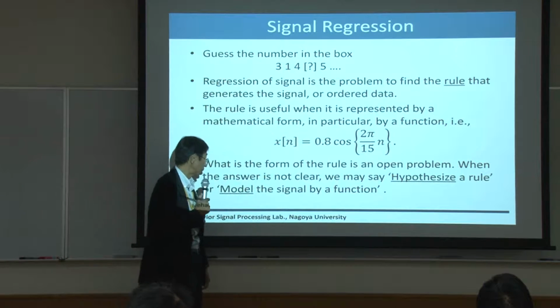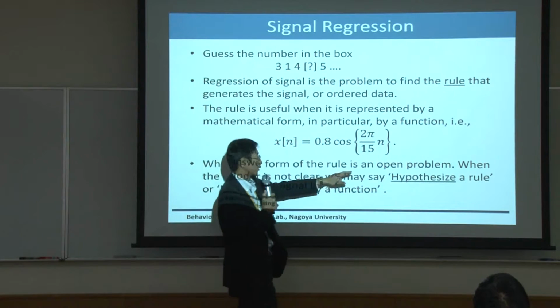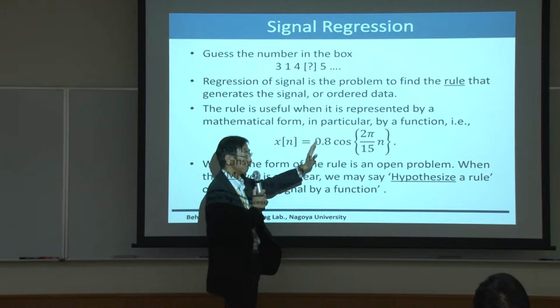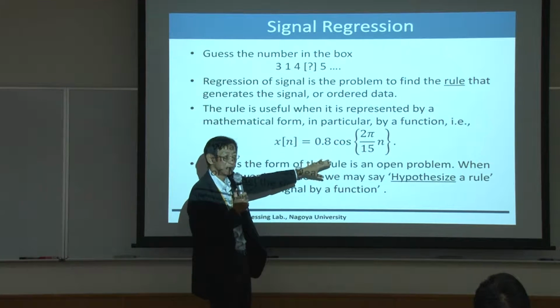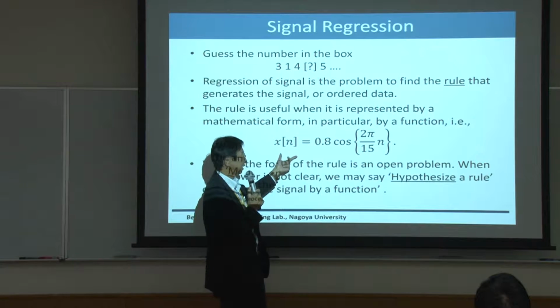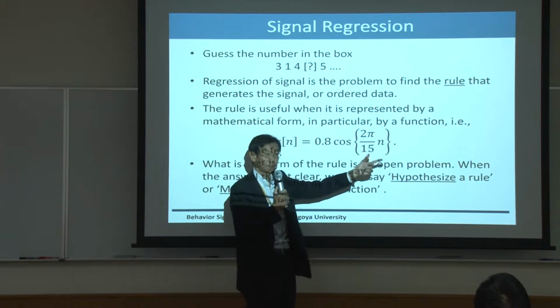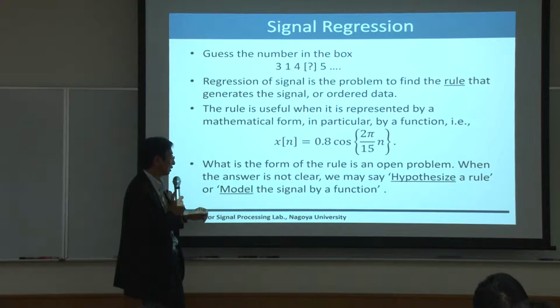Okay. So what the form of the rule is, is an open problem. We don't know the form of the function, even if we know that x_n is a function of n. So that's a very important point. That is open.